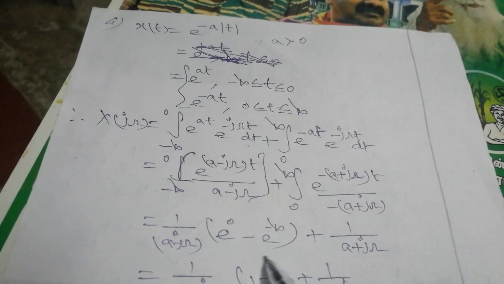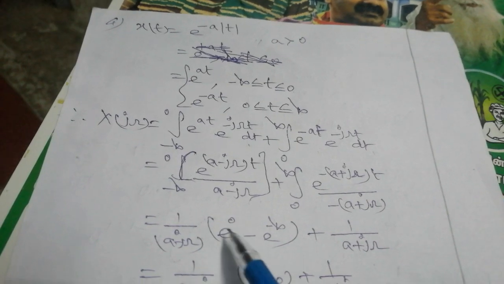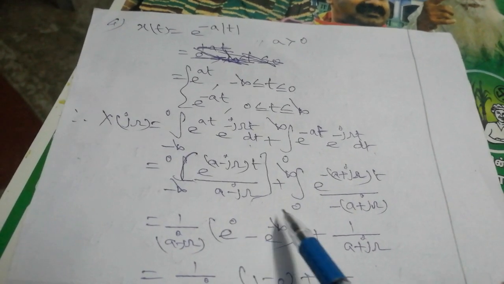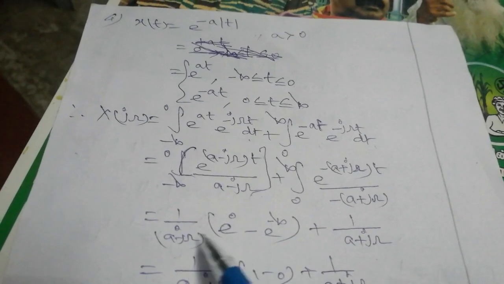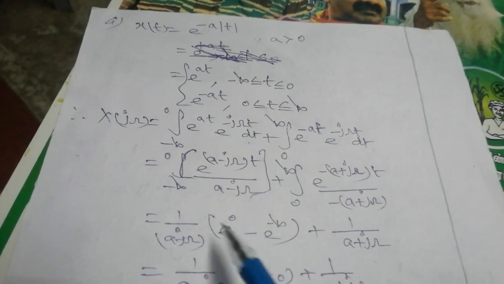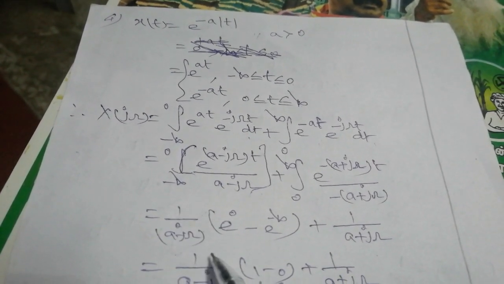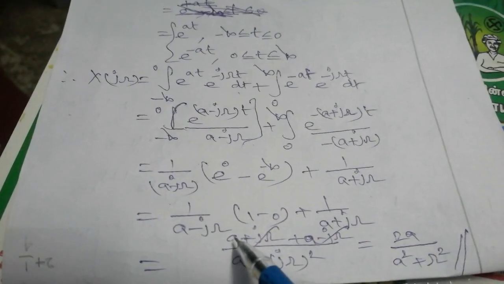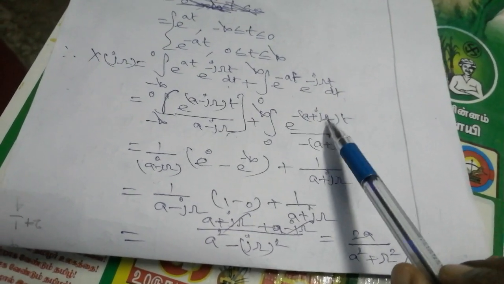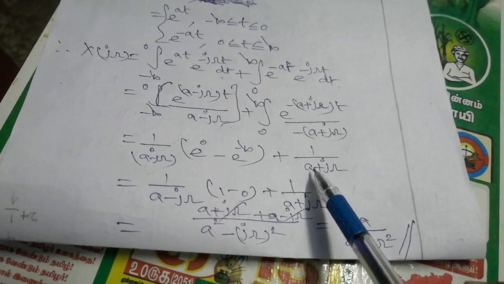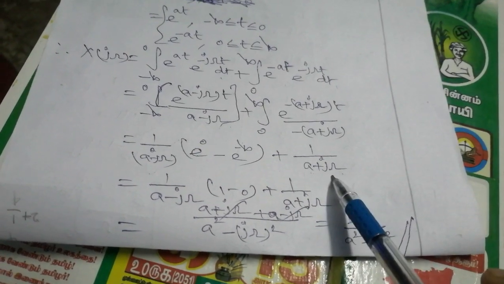We know e power minus infinity is 0, e power 0 is 1. So 1 minus 0 will be the term in this bracket, which becomes 1. So 1 multiplied with 1 by a minus j omega is 1 by a minus j omega. Okay, plus 1 by a plus j omega. Already we got the answer for the second part as I mentioned. So it is 1 by a plus j omega.